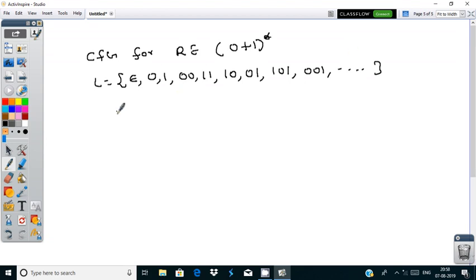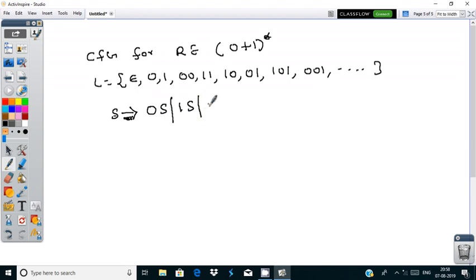So we'll make a start symbol here, S. S tends to 0S, so this repeats 0 multiple times. Now I want to repeat 1, so S tends to 1S, this repeats 1 multiple times.